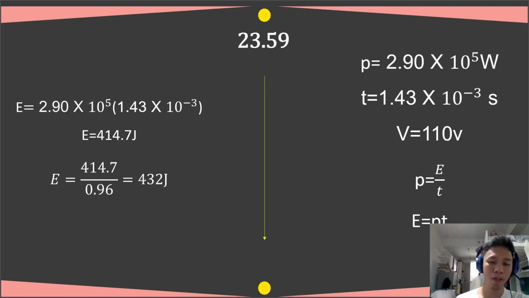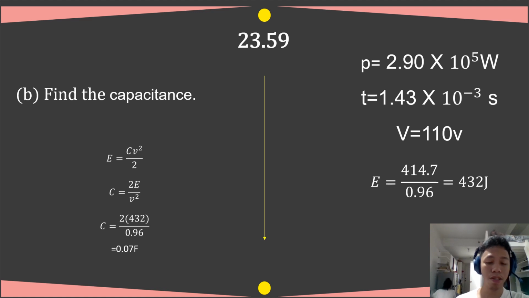So you just substitute the given values in the formula, easy. So you're just gonna get E is equal to 414.7 joules. And since it's asked for 96% efficiency, you divide the 414.7 joules by 0.96, which will get 432 joules.